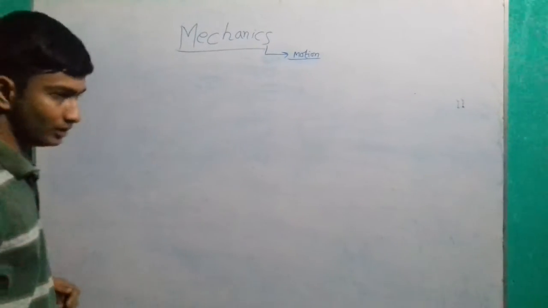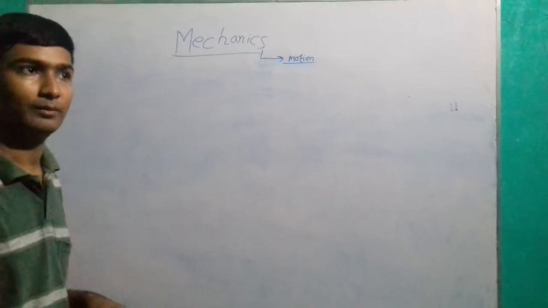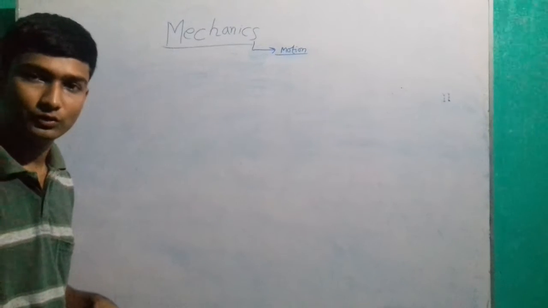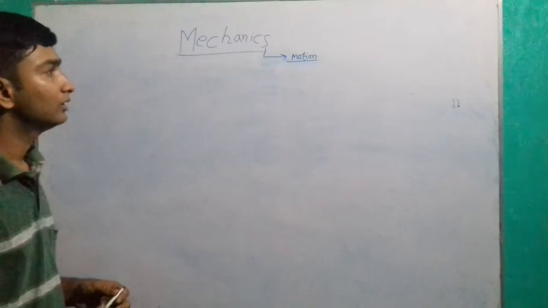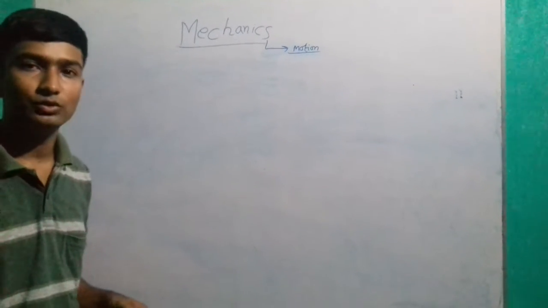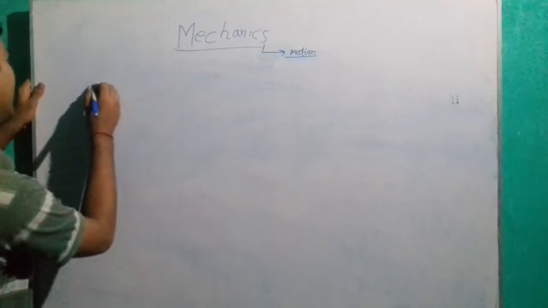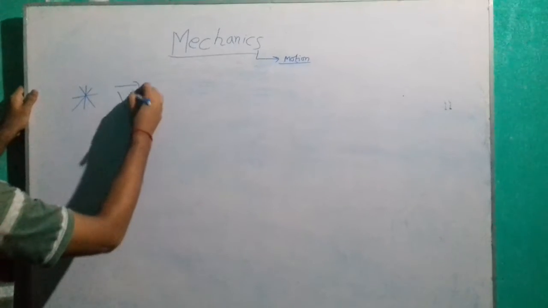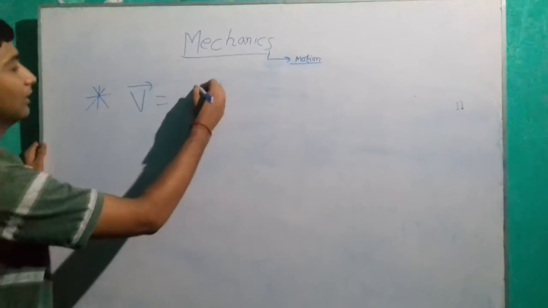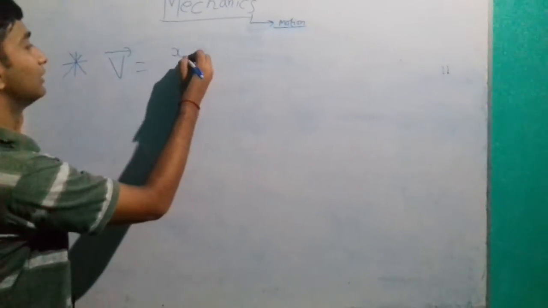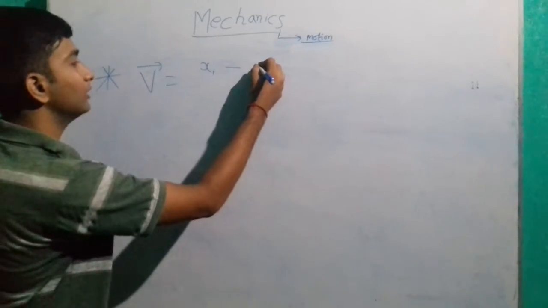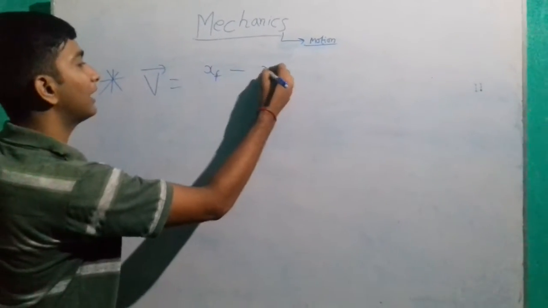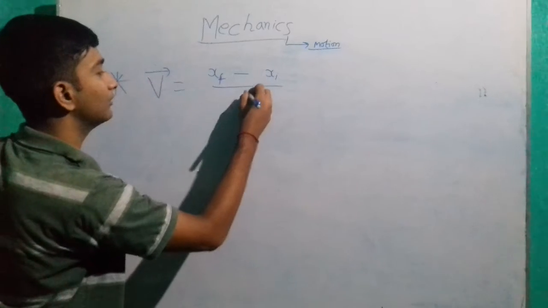Now, before studying the laws of motion, which are a main part of mechanics and were introduced by Newton, I think some of the basic concepts need to be recapitulated. Let's say the velocity vector is defined as final displacement minus initial displacement divided by time taken.